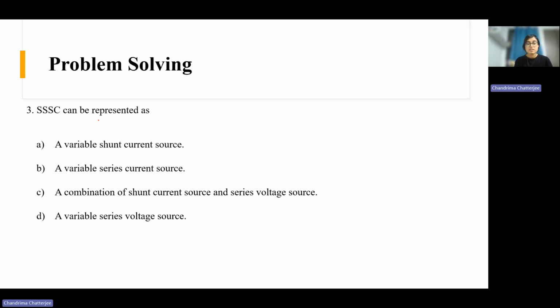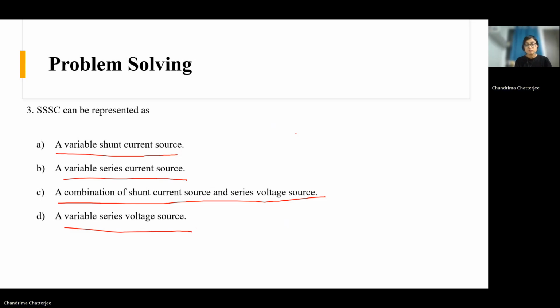Next, SSSC can be represented as. How can we represent SSSC in terms of an electrical equivalent component? Whether it is a variable shunt current source, a variable series current source, a combination of shunt current source and series voltage source, or a variable series voltage source.